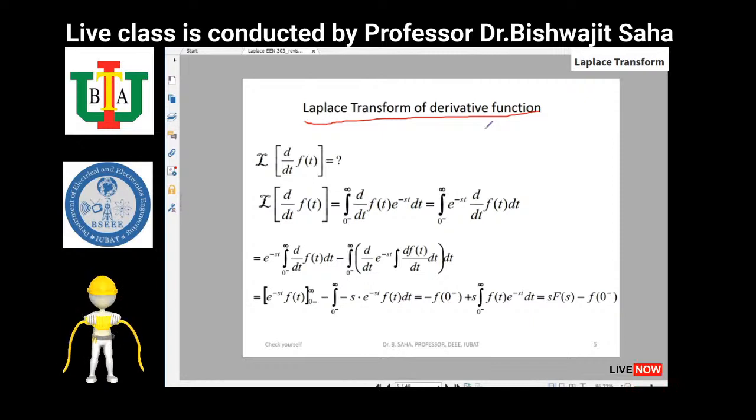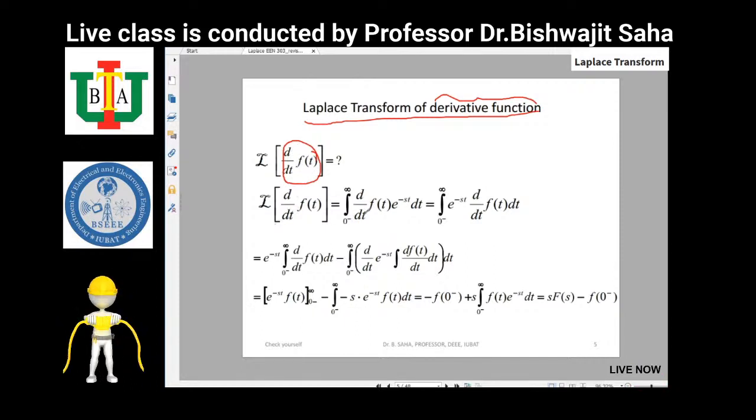So the function is d by dt f of t, and this derivative should be converted into the Laplace domain.